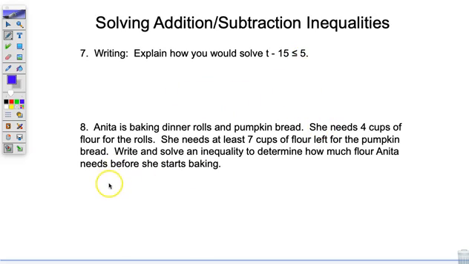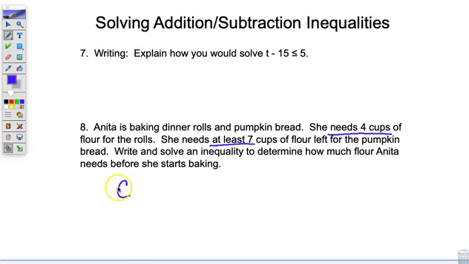In our last example, Anita is baking dinner rolls and pumpkin bread. She needs 4 cups of flour for the rolls, and she needs at least 7 cups of flour left for the pumpkin bread. We have to write and solve an inequality to determine how much flour Anita needs before she starts baking. All right, I obviously need a variable, so if I use c for cups, I need at least 4 cups for the rolls.